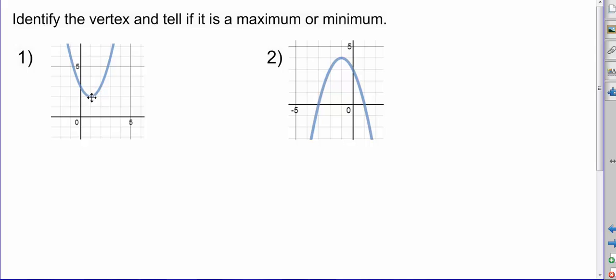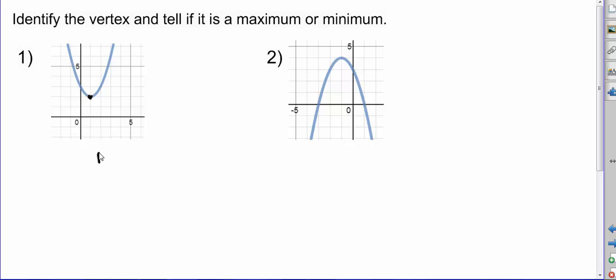The vertex of your graph is this little piece right down here where it basically comes to a point and then stops and turns and goes back the other direction. So that's the vertex of your graph. In number 1, we need to label what our vertex is.